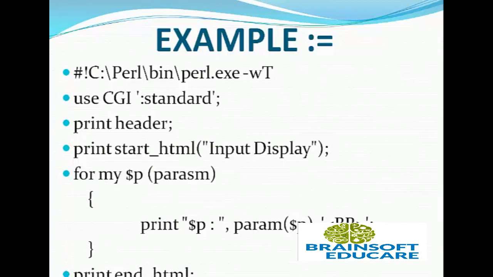We give a path of C drive, with the hash sign, C:\Perl\bin\perl.exe. Use CGI standard and print a header part. Print start_html and, in double quotes, "Input Display".